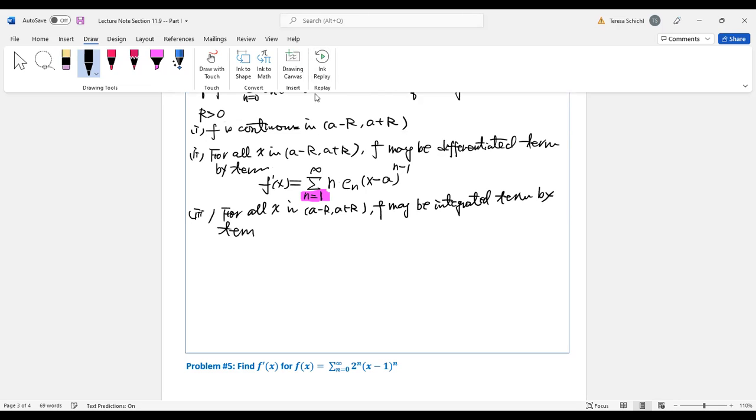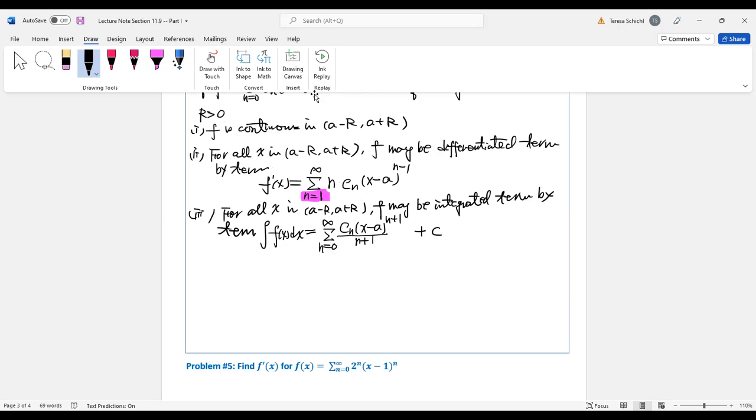If I want to integrate f of x dx, you just integrate your power series using the power rule. It will be the summation from n equals 0 to infinity of Cn over n plus 1, times (x minus a) to the n plus 1, plus C.